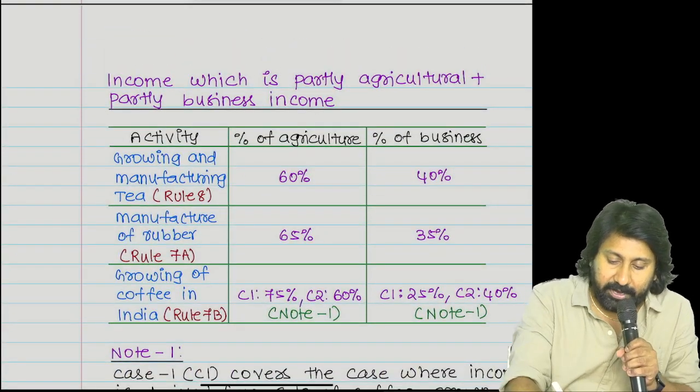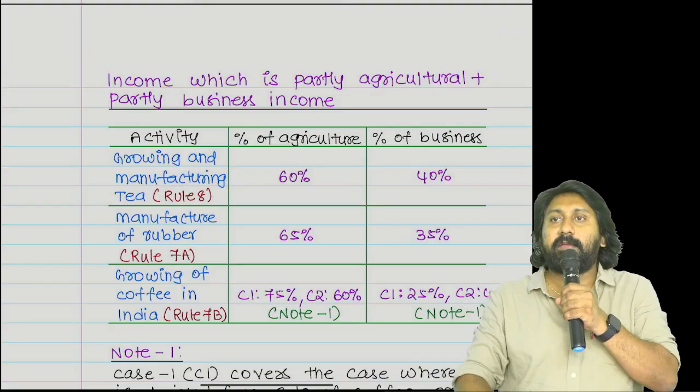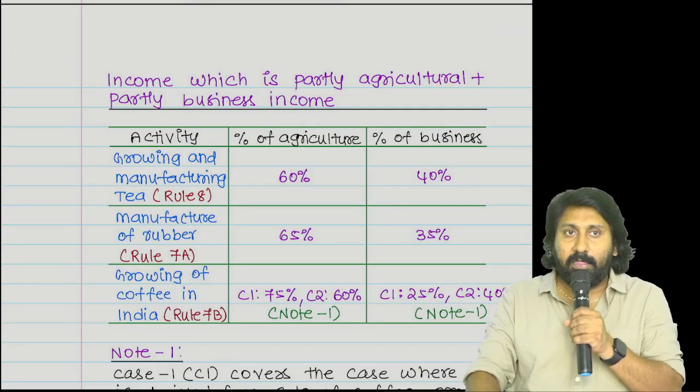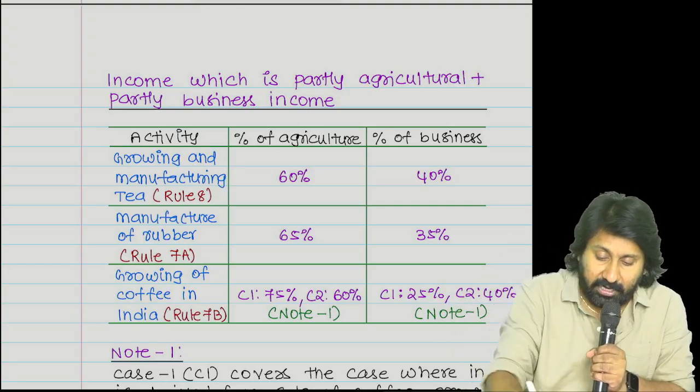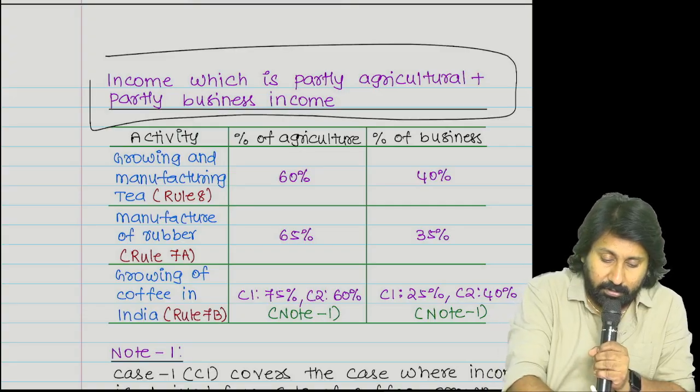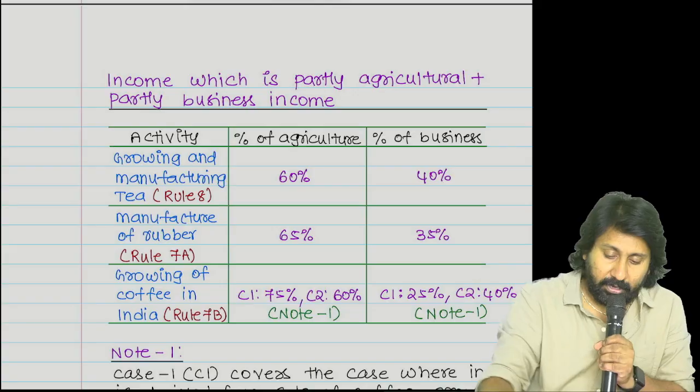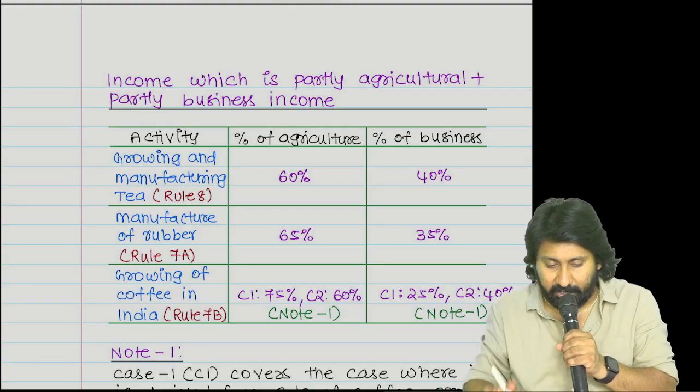With this, we completed one important segment in agricultural income. Next comes the dangerous area: income which is partly agricultural.